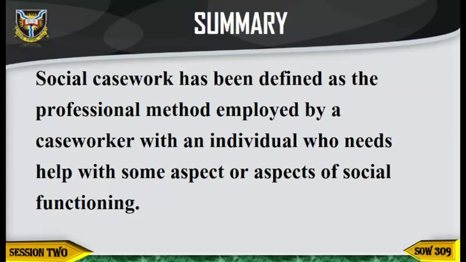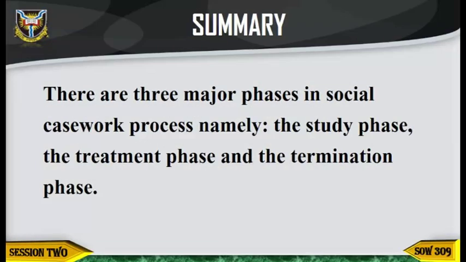Social casework in a family agency is based on the concept of the family as the social unit which provides for the group and its members. And the family is conceived as part of the individual and the individual as part of the family. There are 3 major phases in social casework process, namely the study phase, the treatment phase, and the termination phase.